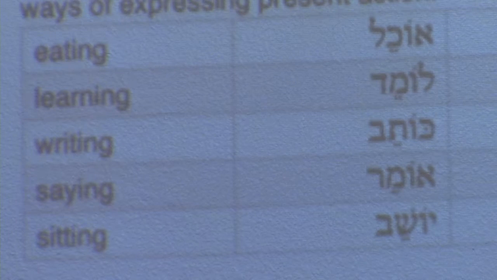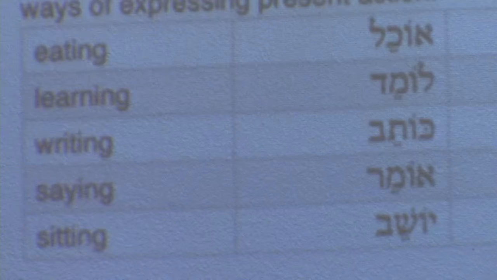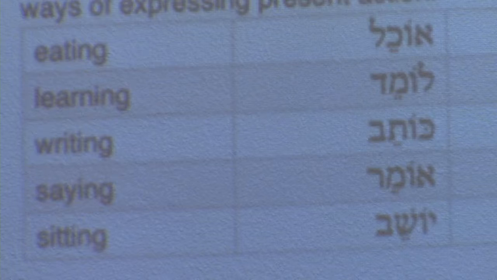And then you could just start making your little sentences. You start getting creative, because you learn ani. At. At lomed. Just turn it to a question. At lomed, for a girl. Ata lomed, for a man. Are you learning? Ata lomed ivrit. At lomed ivrit.